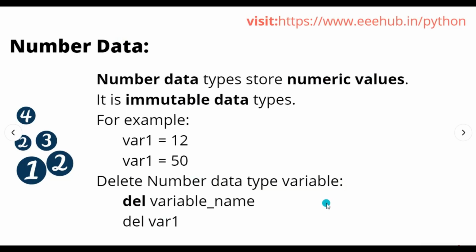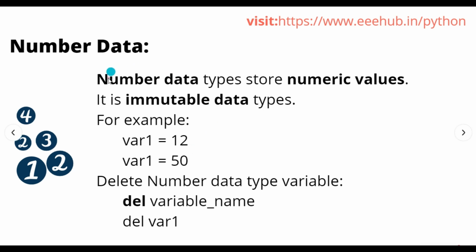So what is the number data type? The number data type stores numeric values and it is an immutable data type. In the number data type we can store a number value like an integer, like 12, or we can store a float like 12.5.